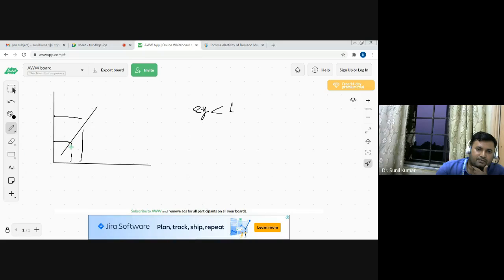From here the next one will go a little bit upper, and it will be here.